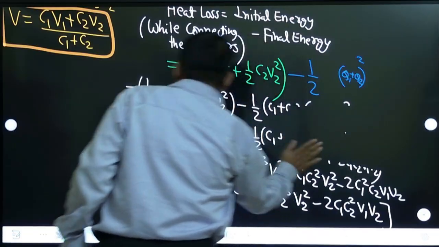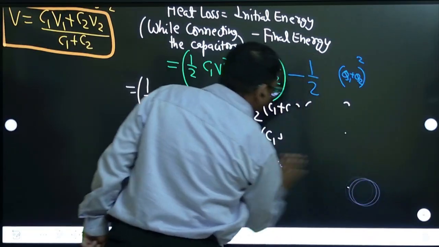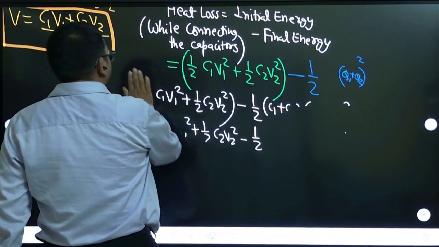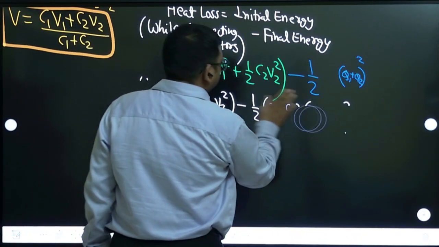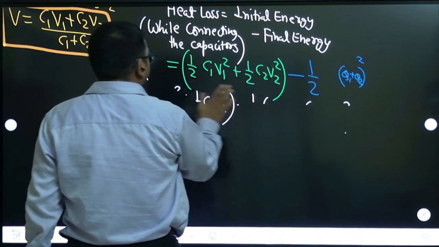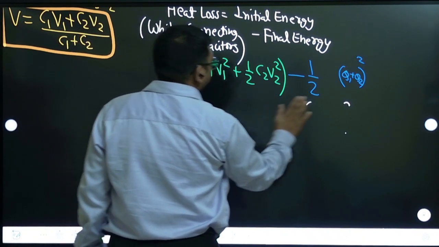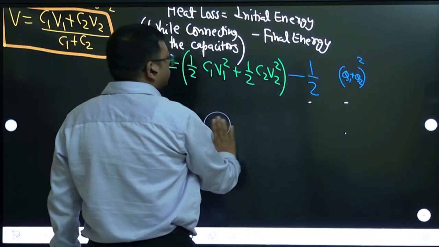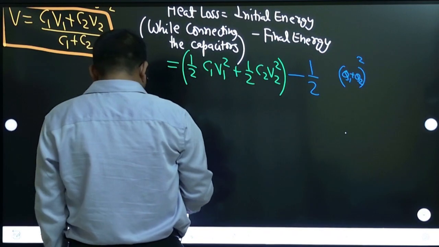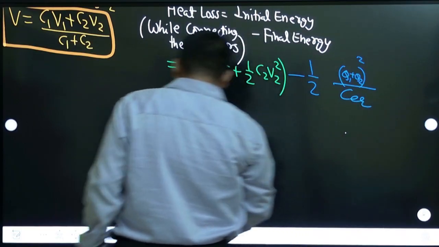That is why it is not coming. Q square by 2 C equivalent. Okay, do that now.